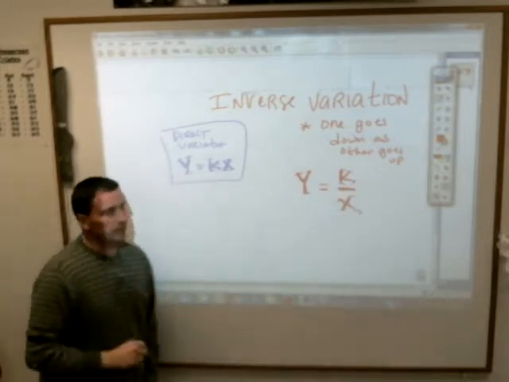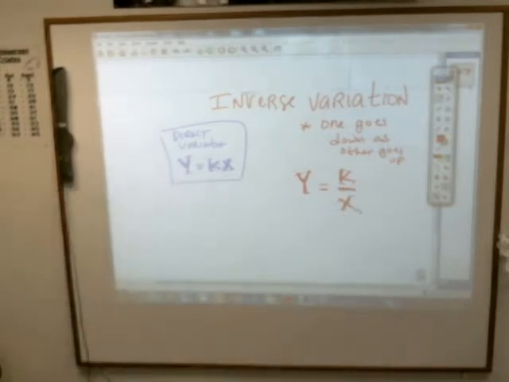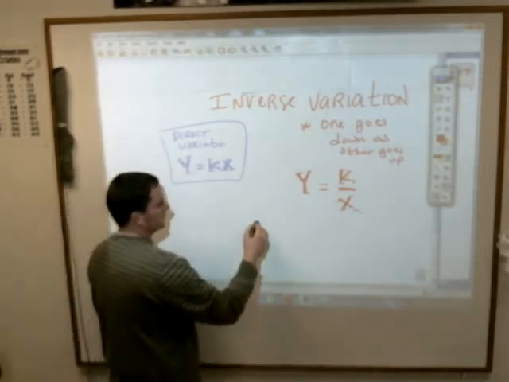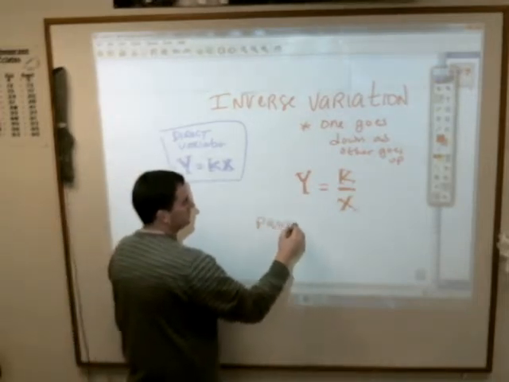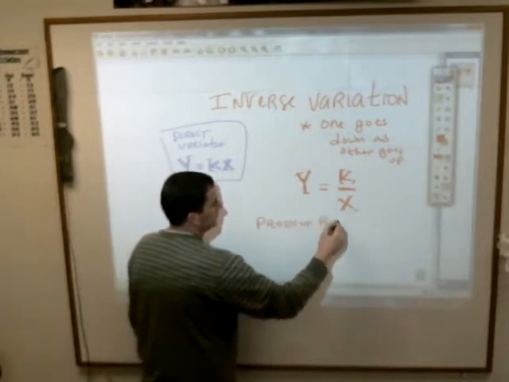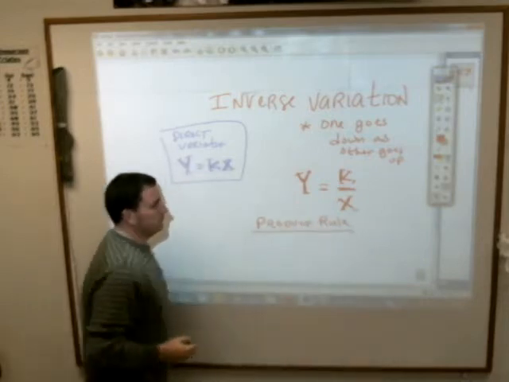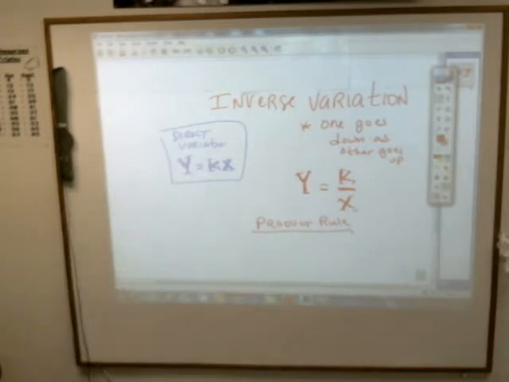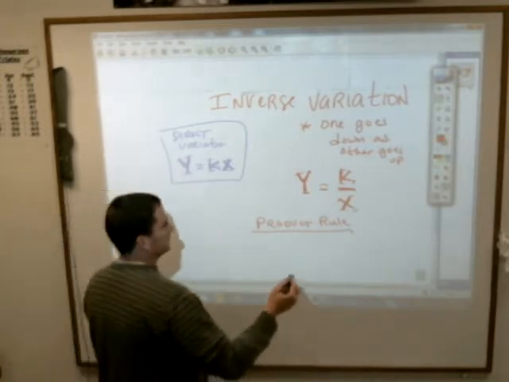The other formula you want to have written down is this one. It's the product rule. So if you hear those words, the product rule, you'll love this one. It is x1 times y1 equals x2 times y2.